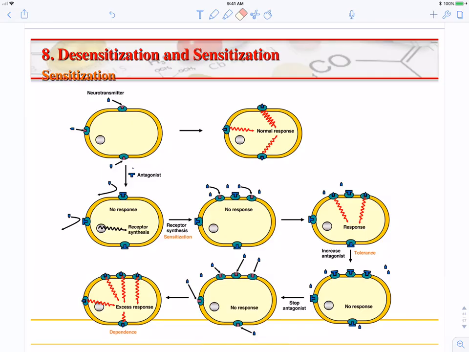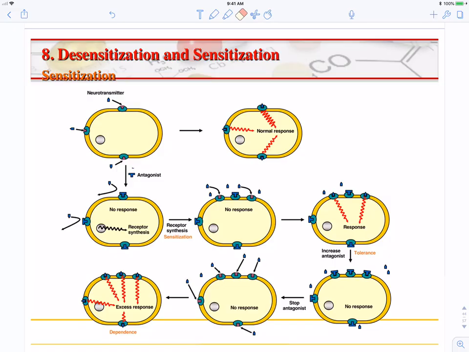And the third possibility is that the receptor is simply not expressed or synthesized as much, and so we have a reduction in the total number of receptors on the cell membrane. So these three mechanisms contribute to make the receptor, or rather the cell, unresponsive to the ligand for the receptor.